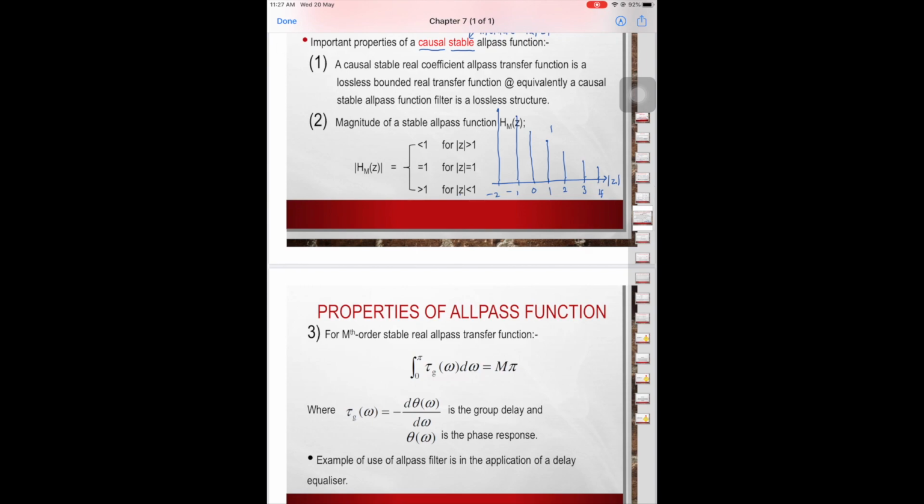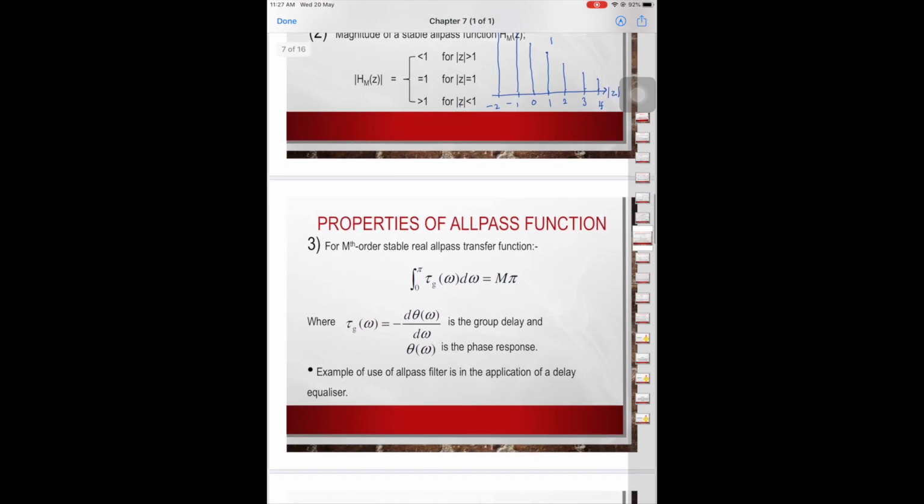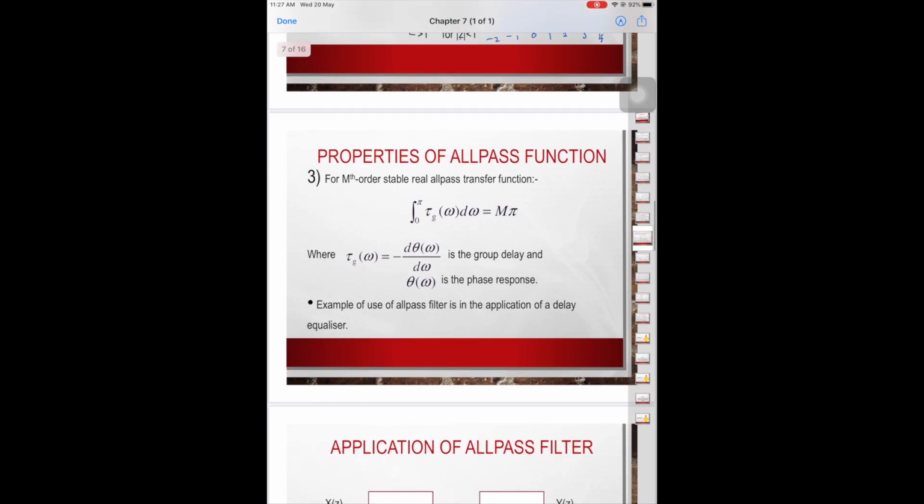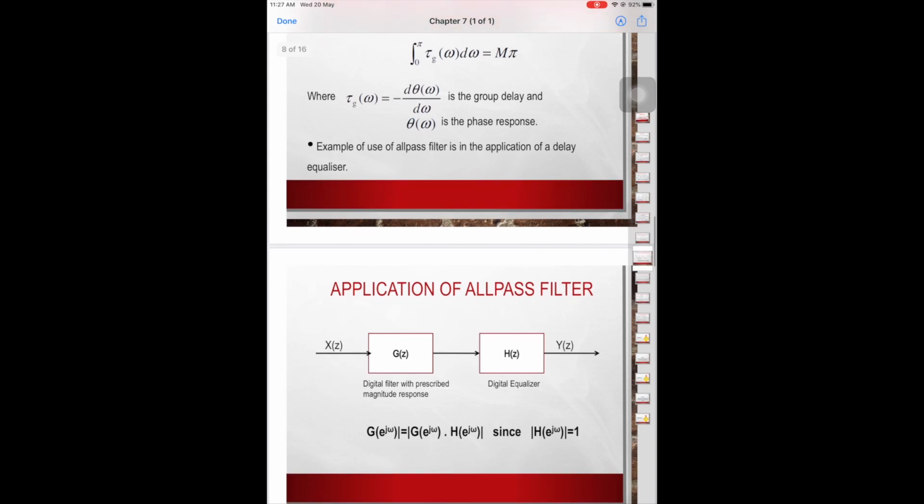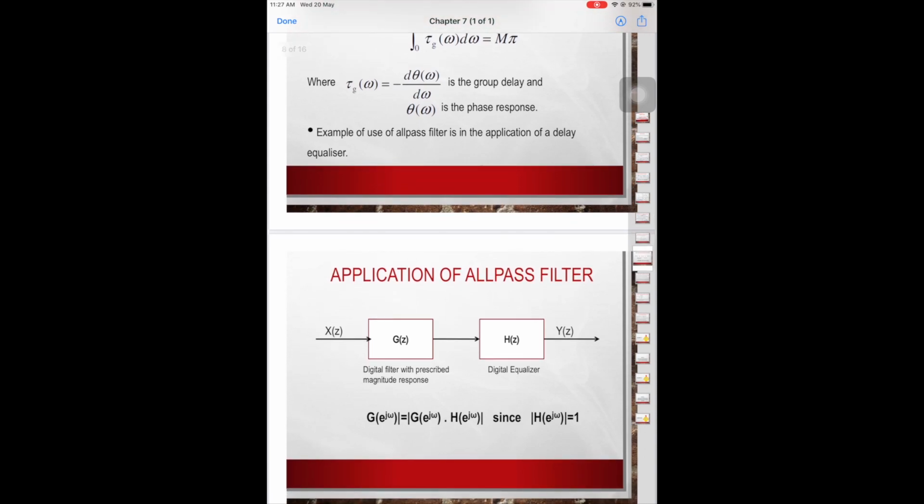Alright, so next, the properties of all-pass function. Based on the all-pass transfer function, you can determine the group delay and phase response. One example of an all-pass filter is the application of a delay equalizer. So next we move to the application of all-pass function.